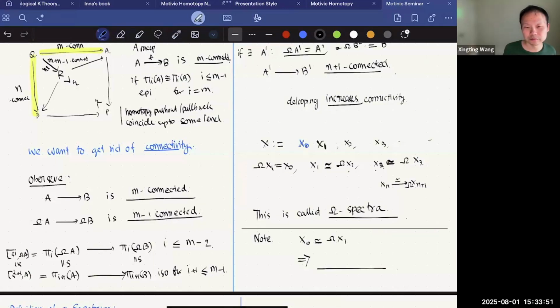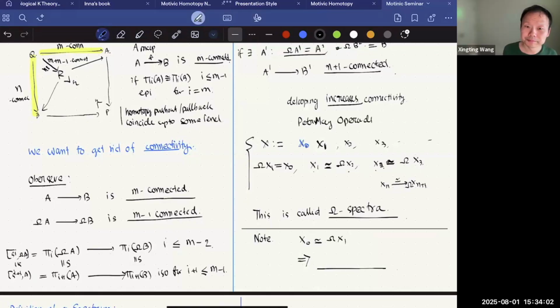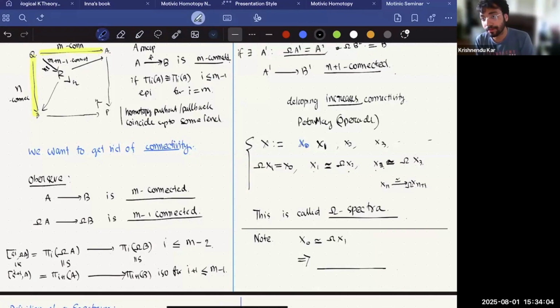How hard, you ask? So much so that people like Peter May had to introduce operads to find these infinite loop spaces. These are called infinite loop space machines, back in the 1970s, operads, and gamma spaces as well.